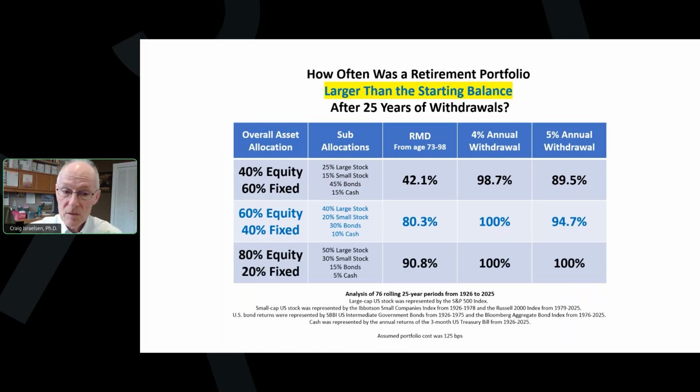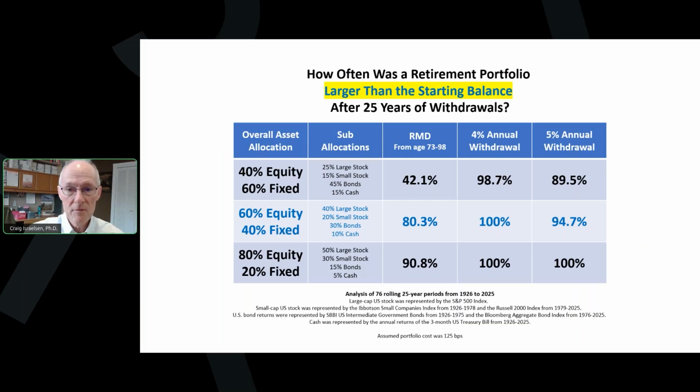What about a more aggressive retirement portfolio? So you have 80% equity, 20% fixed income. The RMD now is dealt with quite nicely. Almost 91% of the time, your portfolio is larger after 25 years of RMD withdrawals than it was when it started. It doesn't matter what the size of the portfolio is.